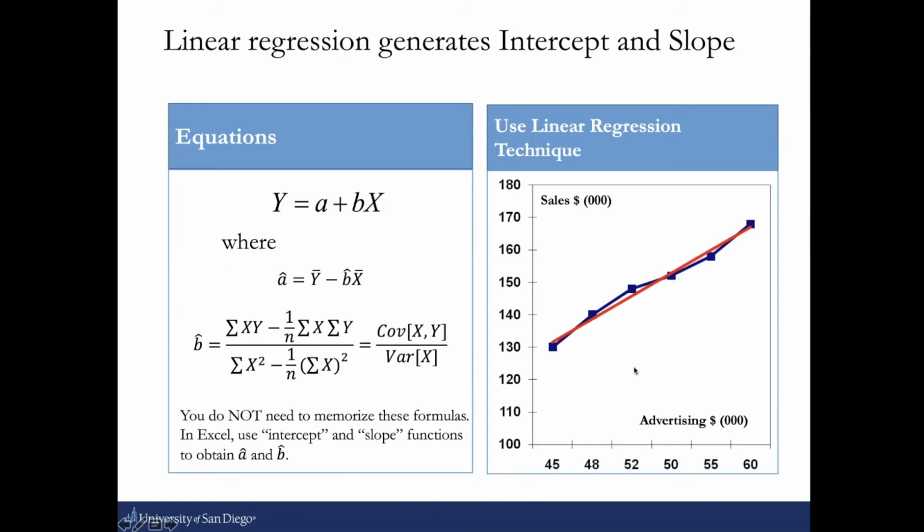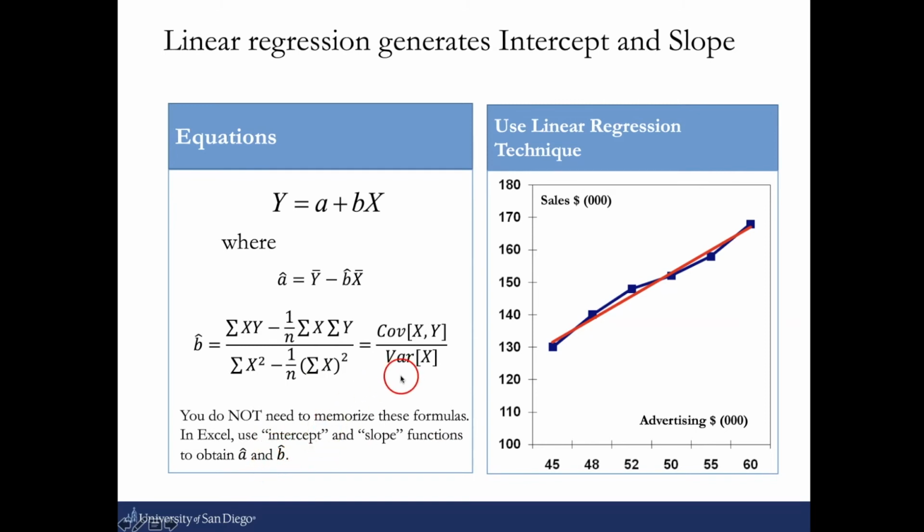The full equation for the estimate of alpha, that's alpha hat, and the estimate for beta, beta hat, are given by this. For this course, you do not need to know exactly how to derive these parameters, so you don't have to memorize them at all. In Excel, you can simply use the function intercept and slope to obtain the estimate for alpha and beta respectively.